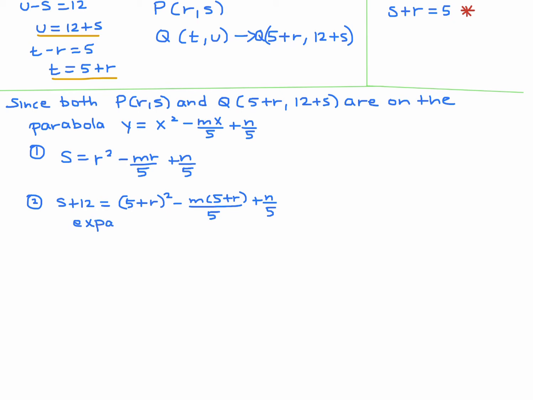When you expand this, you get S + 12 = R² + 10R + 25 − m − mR/5 + n/5.